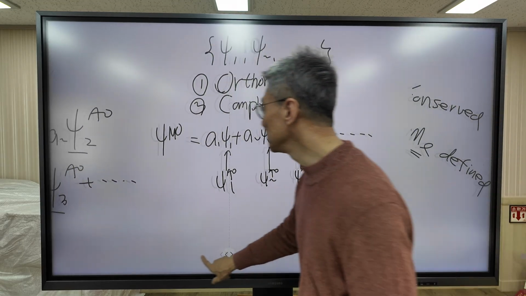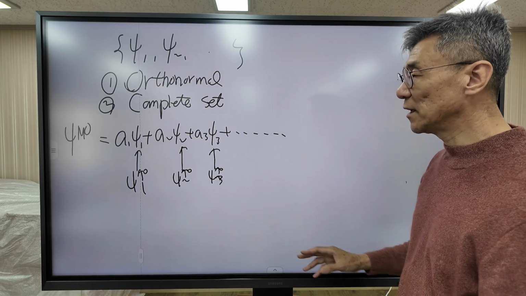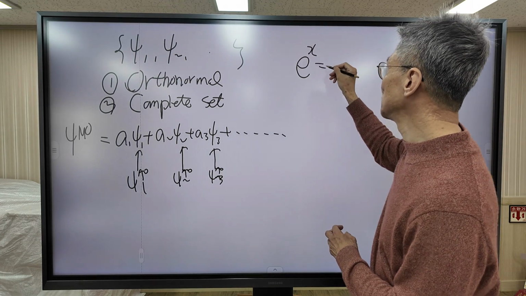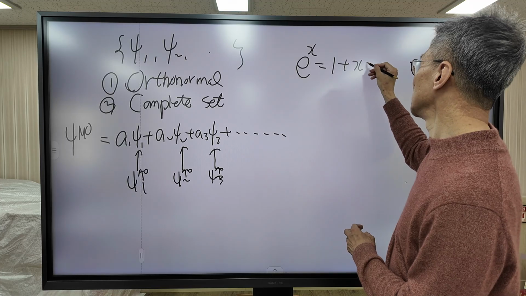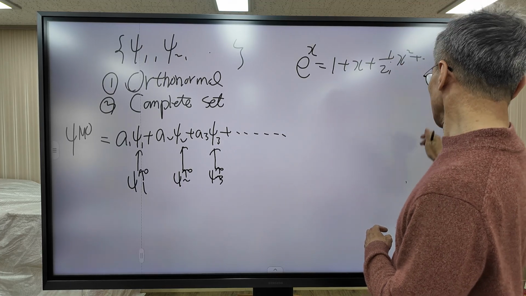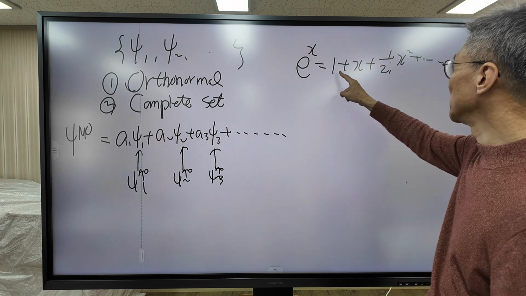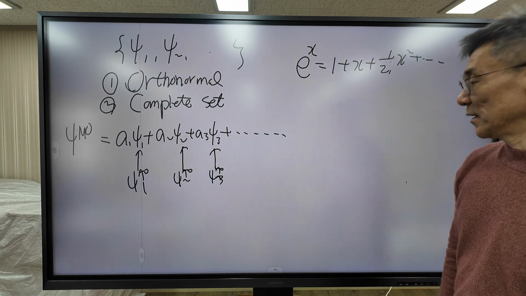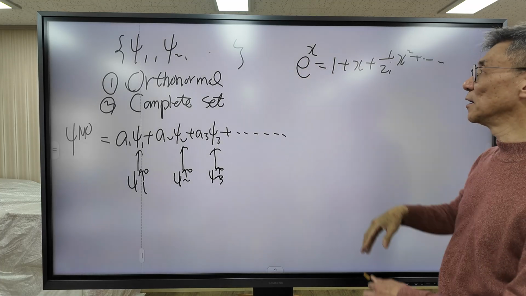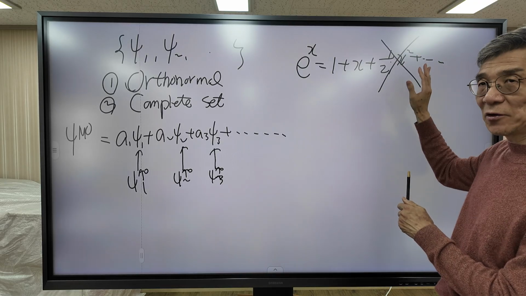In mathematics, expressing some function as an infinite series is common. For example, the exponential e to the x can be expressed like this, as a linear combination of these functions. This approximation is useful because in many cases you can ignore higher order terms.